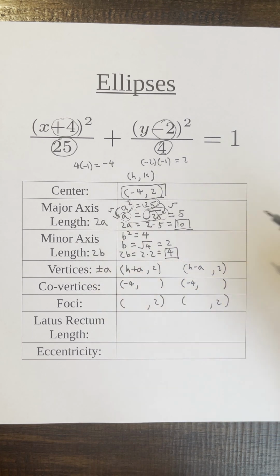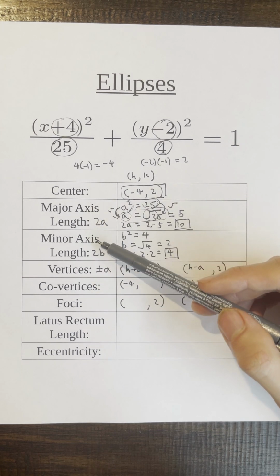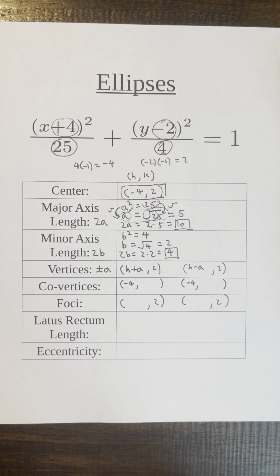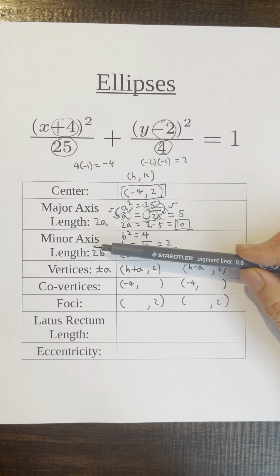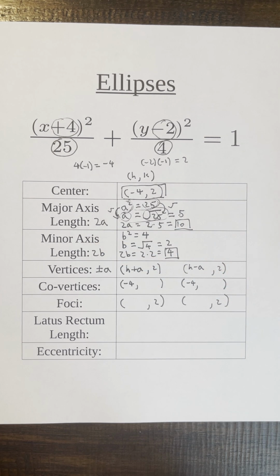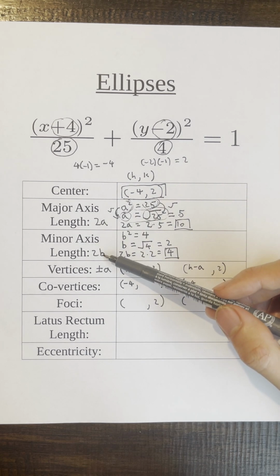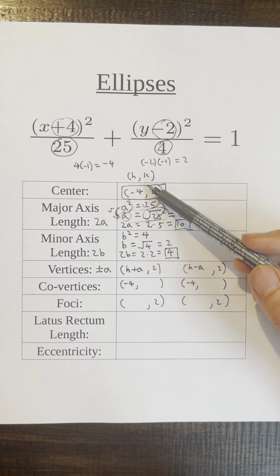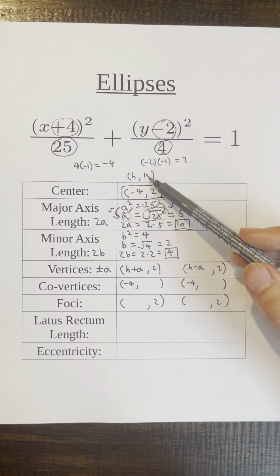How about with the co-vertices? Are the co-vertices on the major or minor axis? They're on the minor axis. How do we get to them? We need to move b units away from the center. So in this case, move b units away from k.